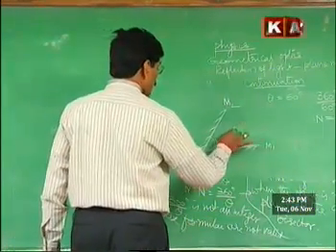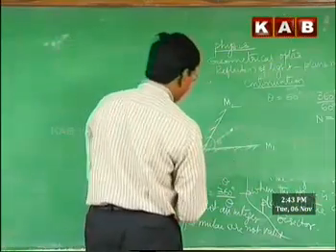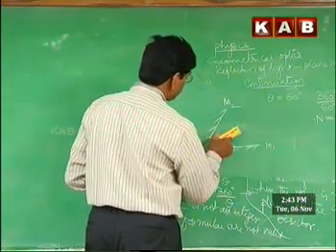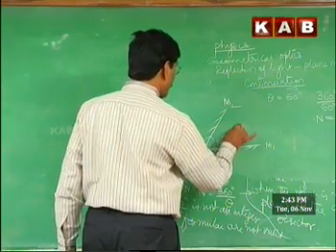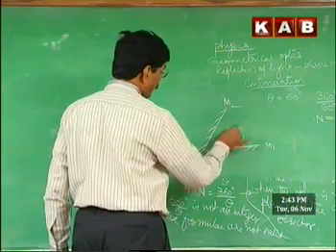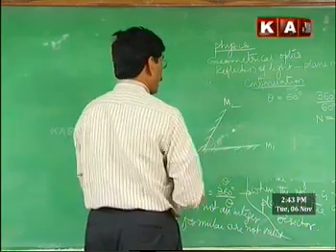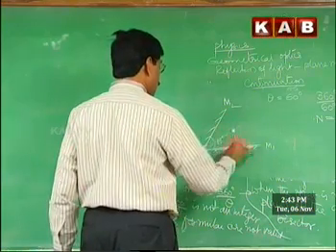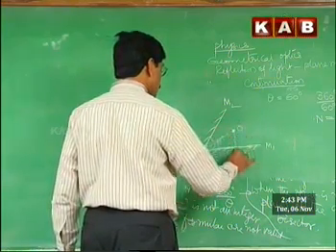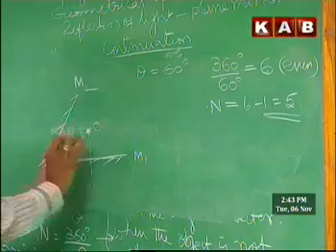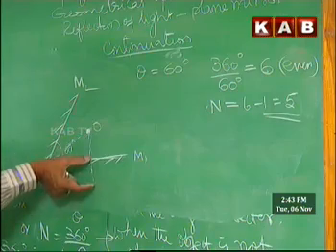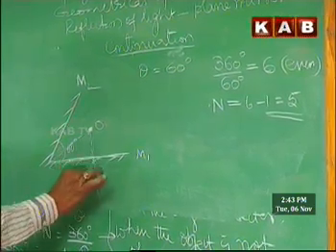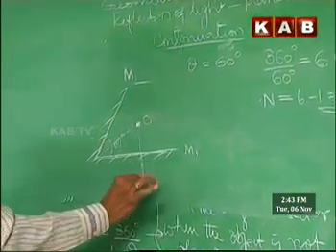So now the first image is going to be formed. Object is here in the first mirror, and the perpendicular distance from the object to the mirror is equal to the distance from the image to the mirror. So first image is formed here.